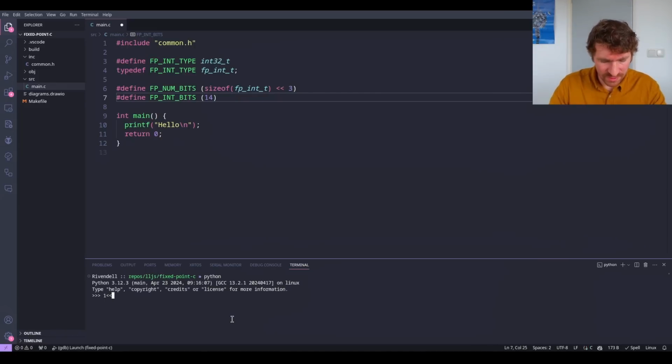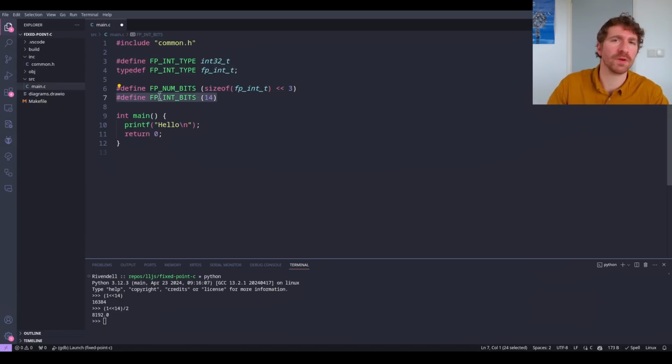So what does that give us? Well, 2 to the 14 is 16k, right? So we have 16k values, and if we're dealing with signed values, that means we have half that number, so around positive 8,000 and negative 8,000. This is the range of numbers that we can represent if we choose this number of bits for our integer.